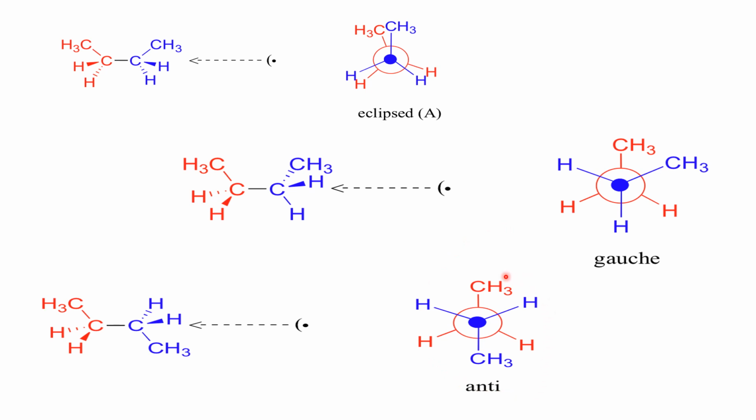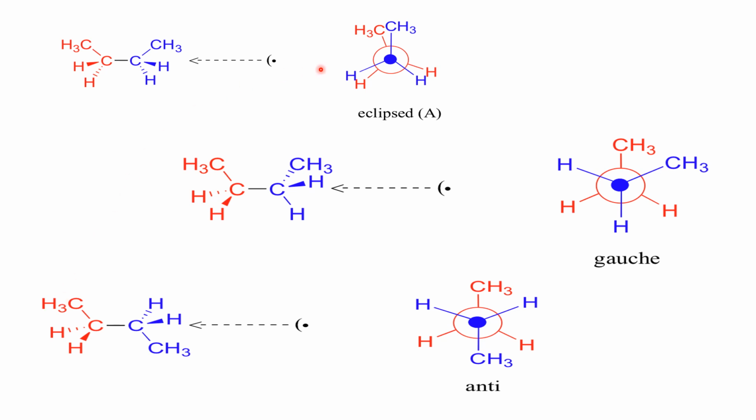Basically, the anti form is a type of gauche form in which the bulky CH3 groups are on the opposite side. See here, the CH3 group on the first carbon atom is below the plane, while the CH3 group on the second carbon atom is above the plane.